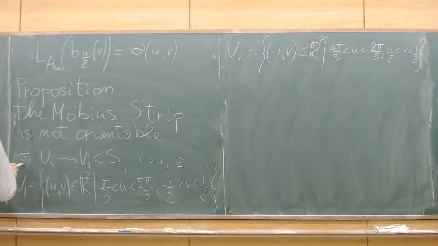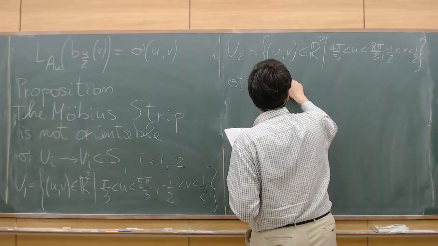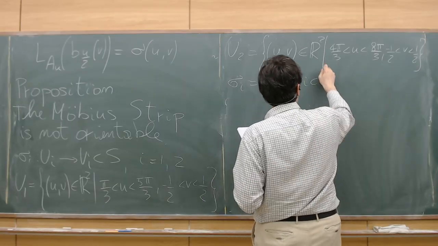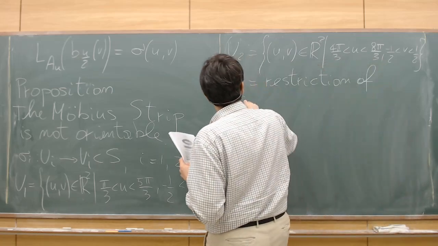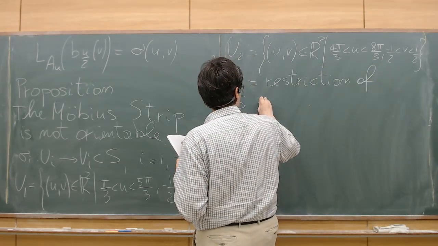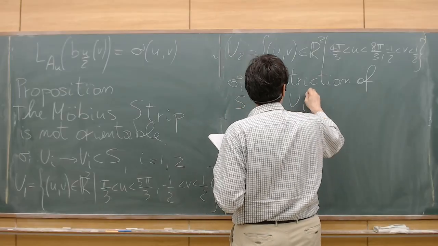These two maps here are the restriction of sigma. So sigma i equals restriction of sigma on Ui.